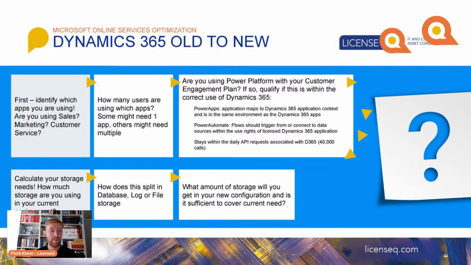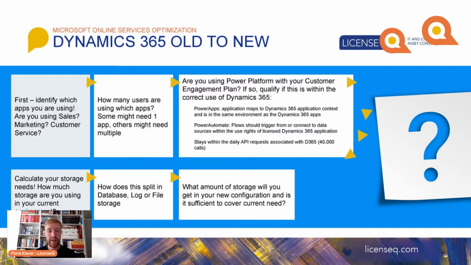So first, you identify which apps you are using: sales, marketing, customer service, finance, commerce, project operations. Then how many users are using which apps? Are they just using one app? Are there multiple users using multiple apps? What's the best way to license this then? Do I just buy the base license and do attach licenses? What would be my optimal base license, et cetera?